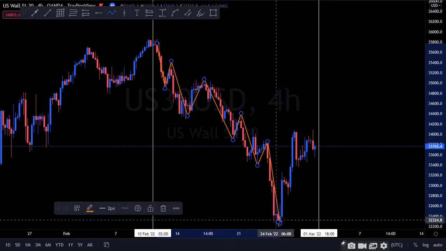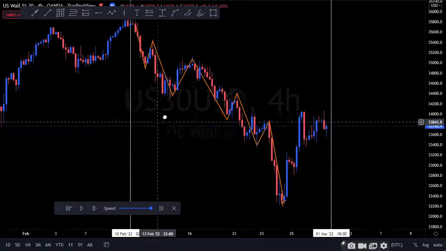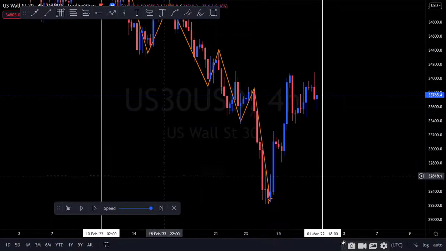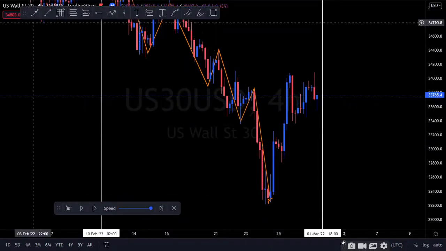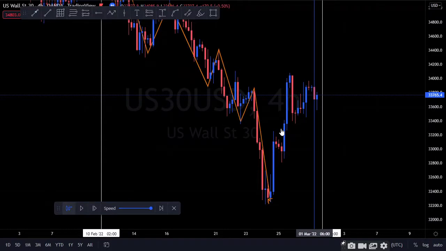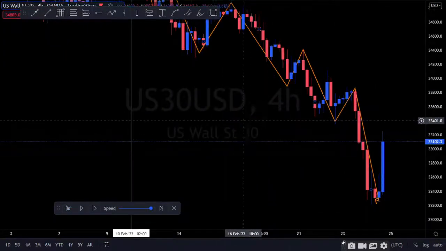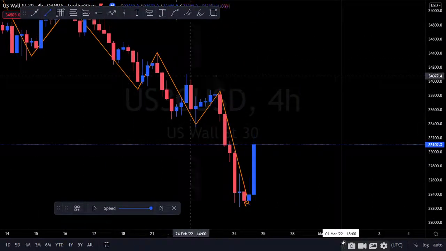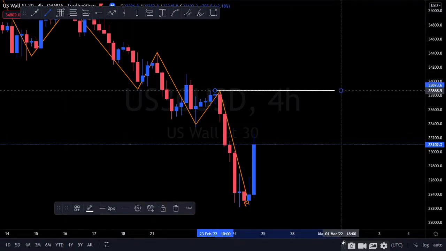So this is it. Good. So we can see that this was the last lower high.